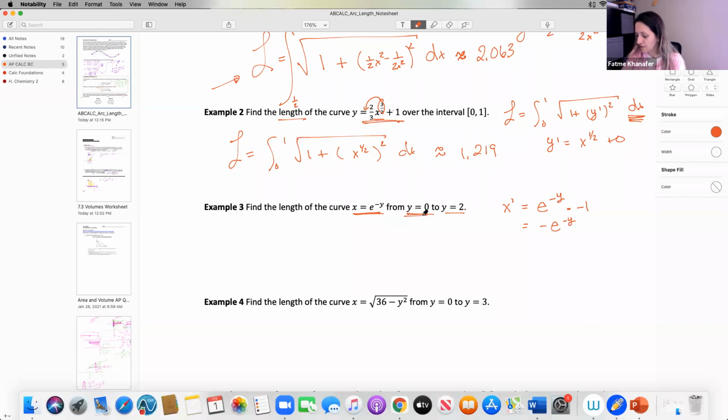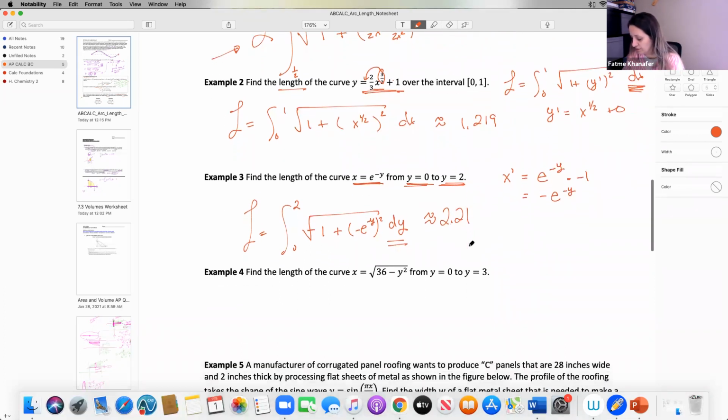And you see they already give you the bounds in terms of y, so that makes it easy. It's going to be from 0 to 2 of the square root of 1 plus negative e to the negative y squared dy when you set it up. So remember, if I ask you to set up, you're going to have to get all of these parts correct. 2.21.